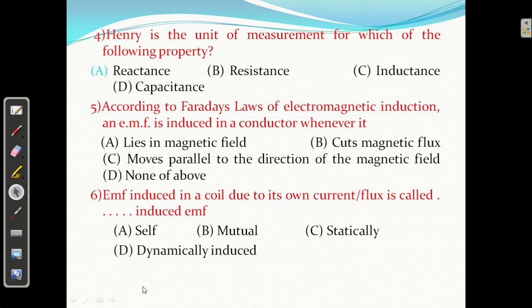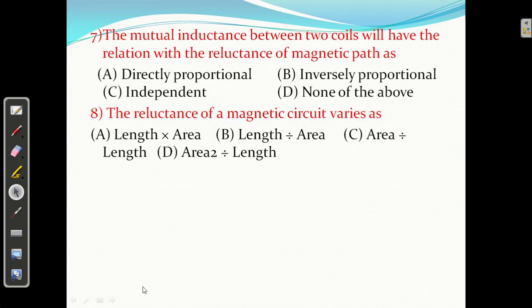Question number 7. The mutual inductance between the two coils will have the relation with the reluctance of magnetic path as inversely proportional.